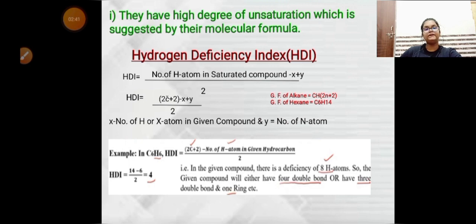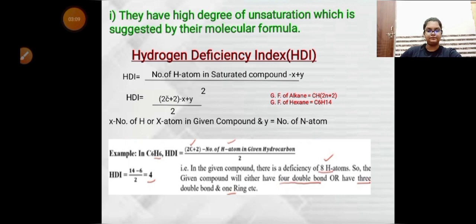So, how can we calculate the number of hydrogen atoms in the saturated compound? By the formula 2C plus 2. Here, C means the number of carbon atoms present in the compound. X represents the number of hydrogen or halogen atoms in the given compound, and Y represents the number of nitrogen atoms.